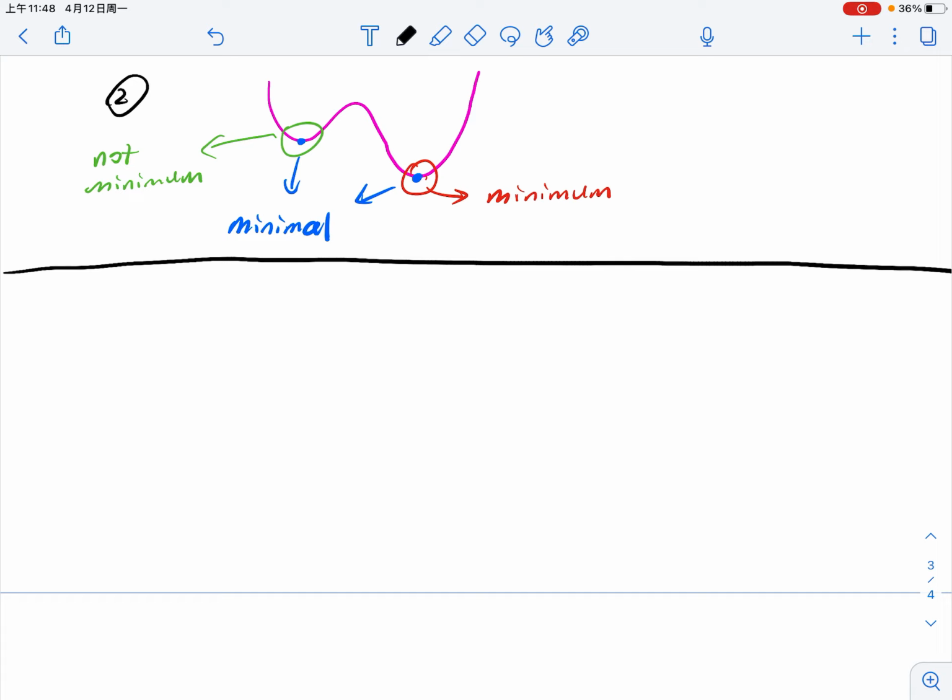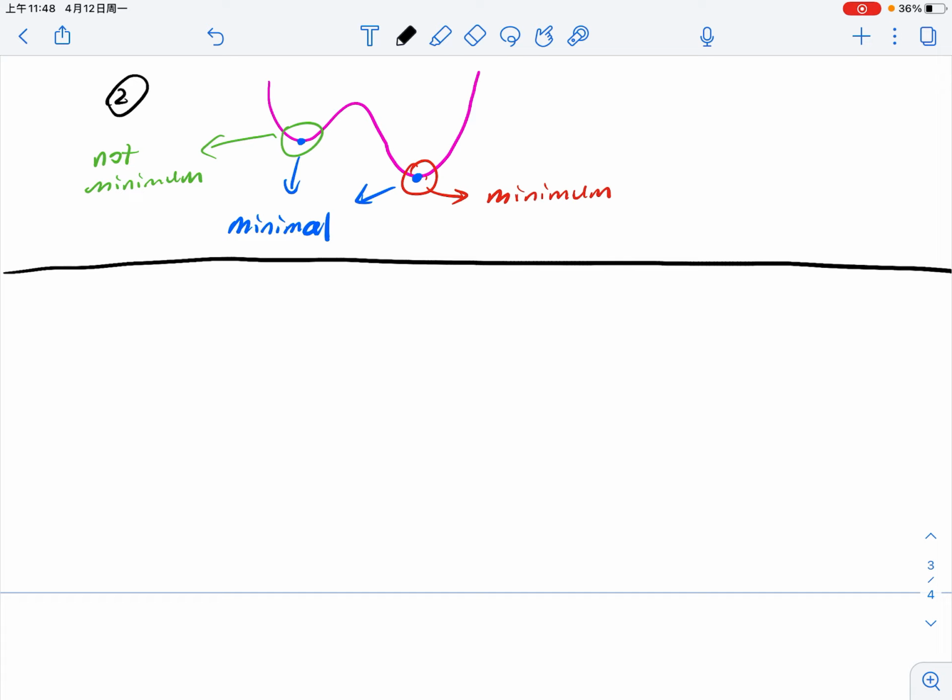Okay. And actually, the idea for introducing minimal cut is that it's similar to the case when we do calculus 1.